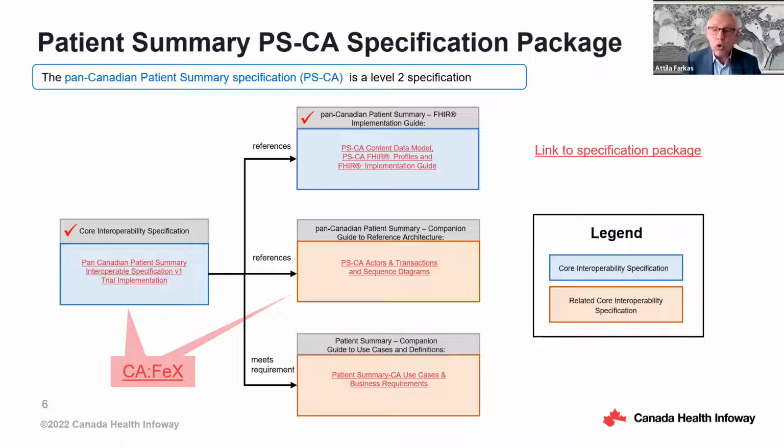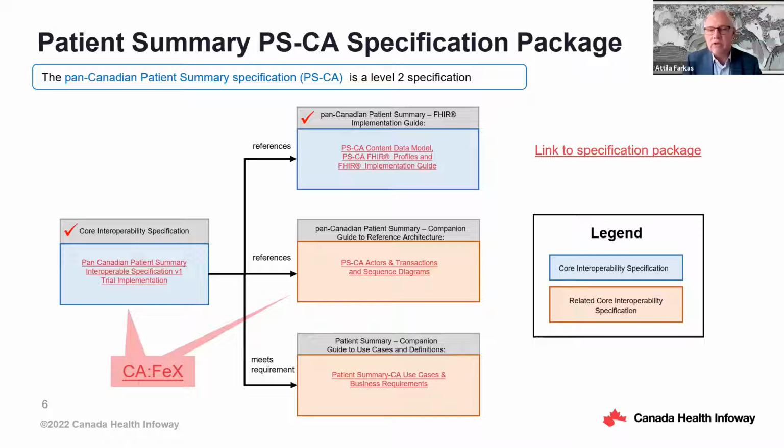And then the core ones: we have a package called the patient summary interoperable specification itself on the left side. And this is the umbrella specification that puts it all together, but it references the FHIR profiles and implementation guide package that sits on Simplifier.